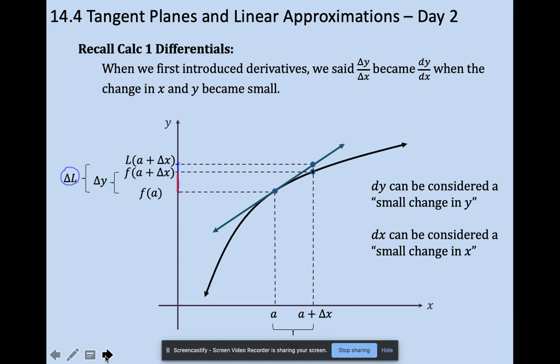As long as dy is a small change in y and dx is a small change in x, so we're talking about making this x very small. So maybe this was 3 and delta x was 0.01, so this is 3.01.